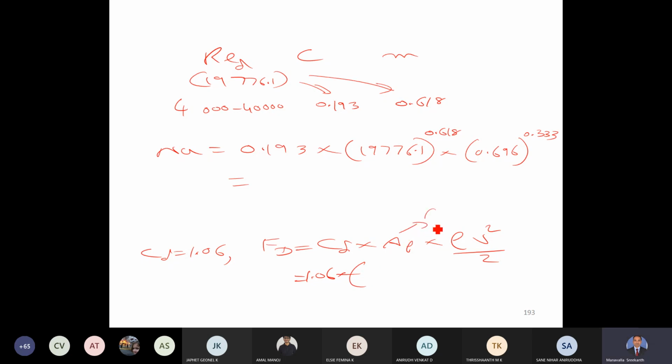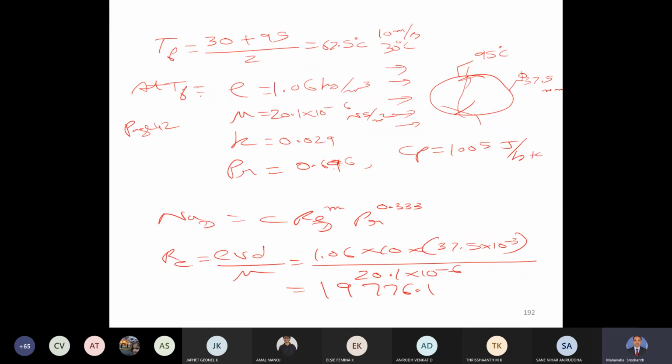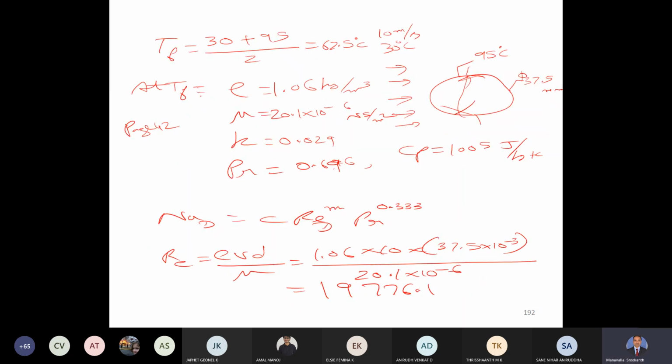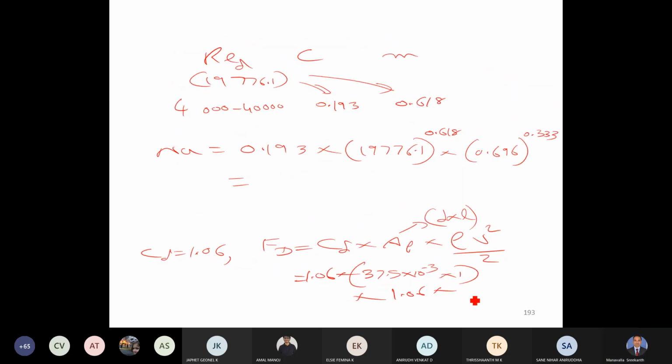So frontal area is, I'll write the formula here, diameter multiplied by length. So diameter is 37.5 multiplied by 10 power minus 3 multiplied by length is 1. Multiplied by the density is 1.06 multiplied by a velocity is 10 square by 2.